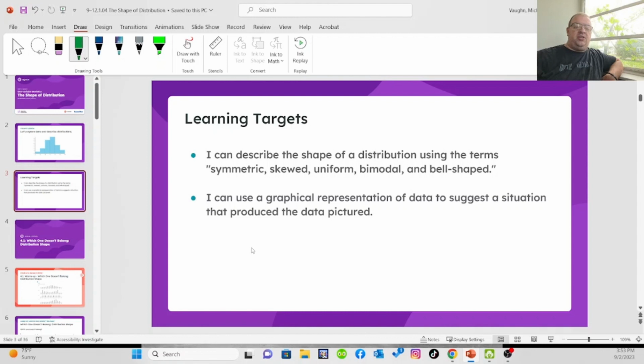Our other learning target was to be able to use a graphical representation of data to suggest a question or a situation that would produce that visual representation. So we got with partners to match up dot plots to histograms and talk about what the shapes were.